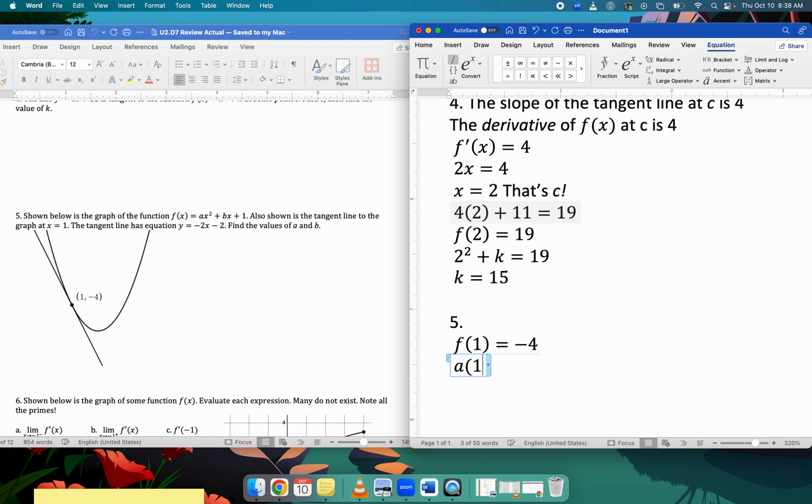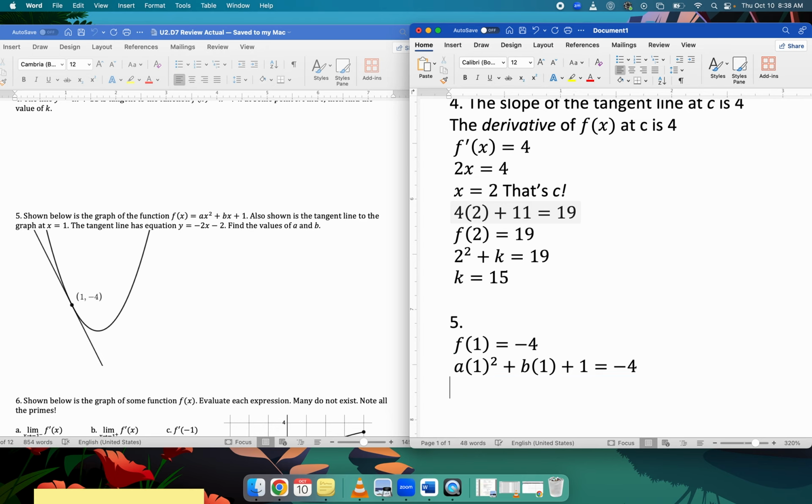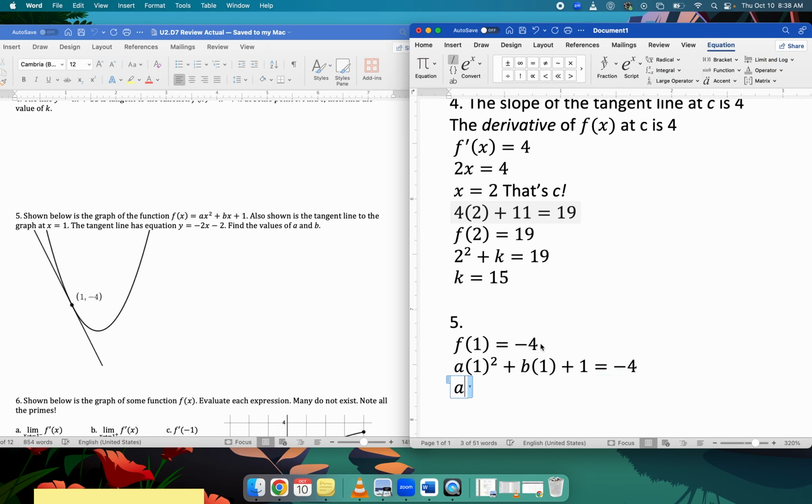So a times 1 squared plus b times 1 plus 1 should be equal to -4. In other words, a plus b plus 1 is -4, and finally a plus b is equal to -5. That is an equation involving a and b, and that's great.